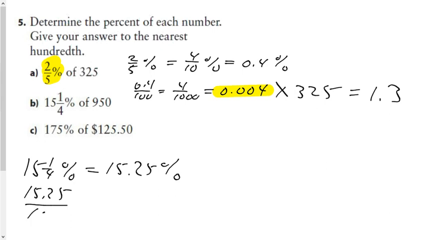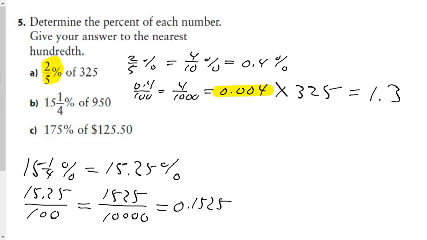15.25% as a fraction, of course, since it's a percentage out of 100, is multiplying by 10 sufficient to create an equivalent fraction here? No. Gavin, what do I have to multiply numerator and denominator by to create an appropriate equivalent fraction? 100, because I have to move it 2 spots. So multiply my numerator and denominator by 100, and I get 1,525 10,000ths.